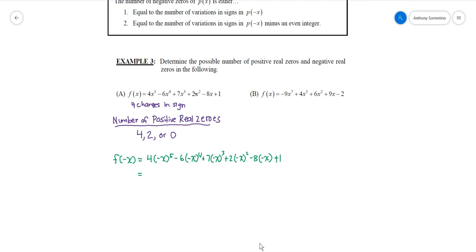Negative x times negative x raised to the 5th power is a negative x to the 5th, and times 4 is going to be a negative 4x to the 5th power.